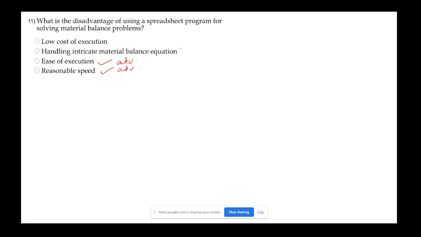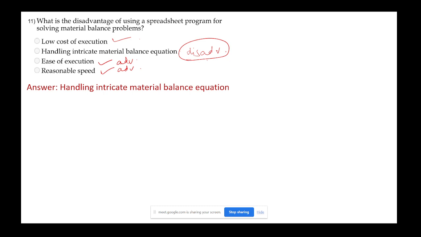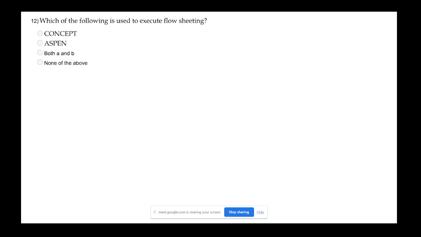Handling intricate material balance equations, which means you are able to handle difficult material balance equations, is not correct, because this is one of the disadvantages, because you cannot solve complicated equations. However, its cost of execution is low. So the answer here, the disadvantage, is handling intricate material balance equations.